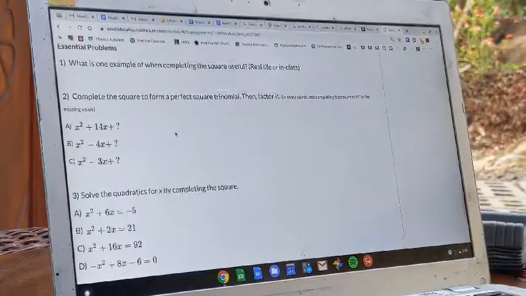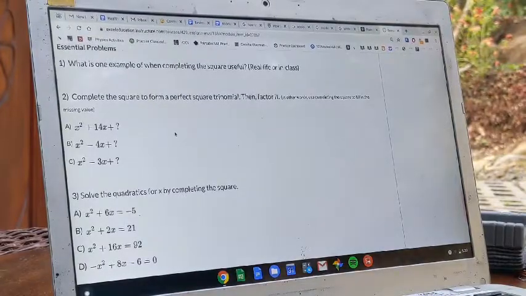The book gives an example on finding the dimensions of a yard. Does that make sense? Some kind of dimensional analysis. Another thing you could put here, like an in-class example, is when whatever quadratic you're solving is not factoring easily.